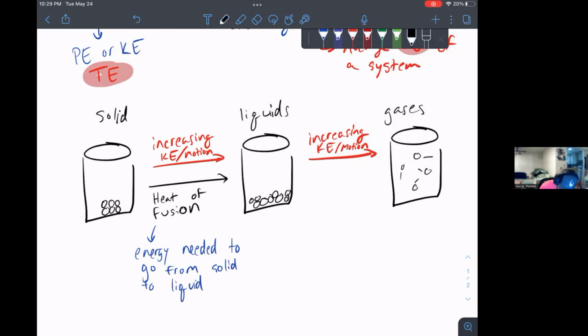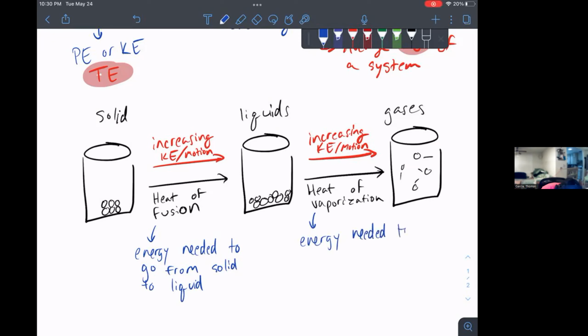And then next, we also have the heat of vaporization. That's going to be the energy needed to go from liquid to gas.